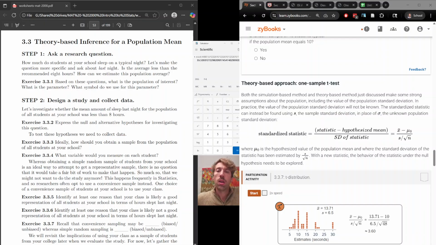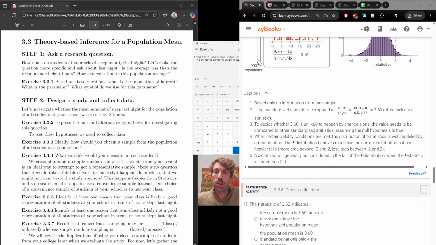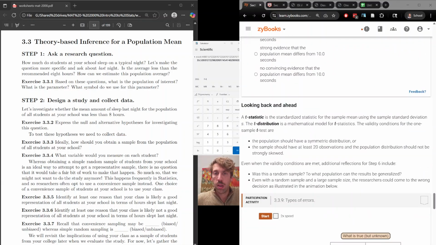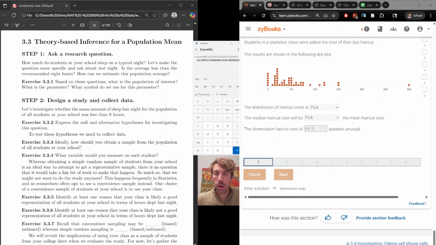And so that's an important formula from this section. And we learn in the reading about the t-distribution, which is a good distribution to know when you have a smaller sample size for when you have quantitative data. Okay, so t-statistic, t-distribution, you read about that.